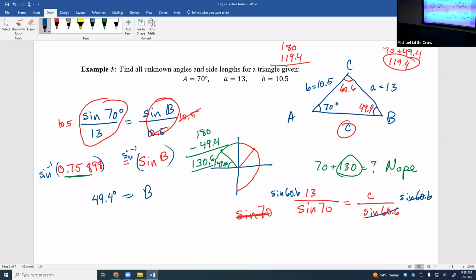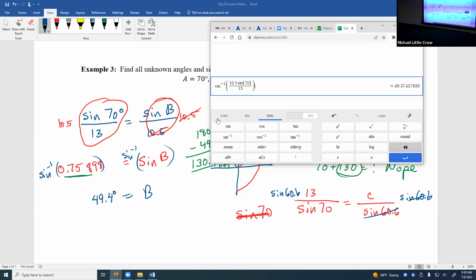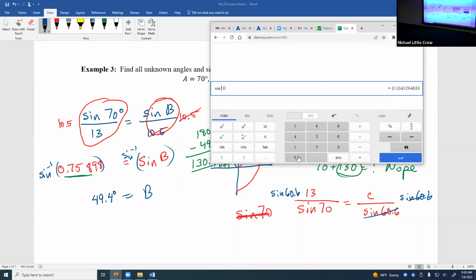So C is going to be equal to this. Again, pull up my calculator. Sine 60.6. Again, always make sure you're in the right mode. 13 divided by sine of 70.